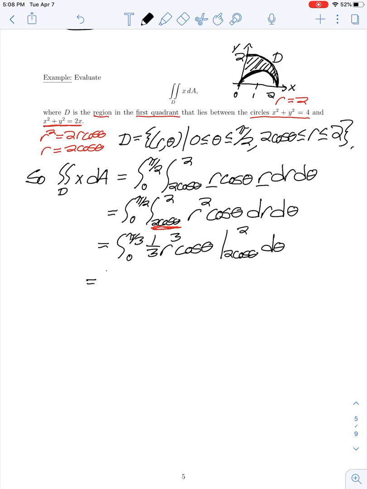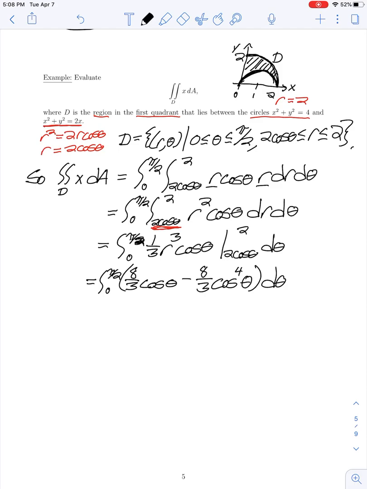So let's see what we have here. This is the integral from 0 to pi over 2. When we evaluate at r equals 2, we have 8/3 cosine of theta, minus, when we evaluate at 2 cosine of theta, we will have 8/3 cosine theta to the 4th power, and then integrating with respect to theta.